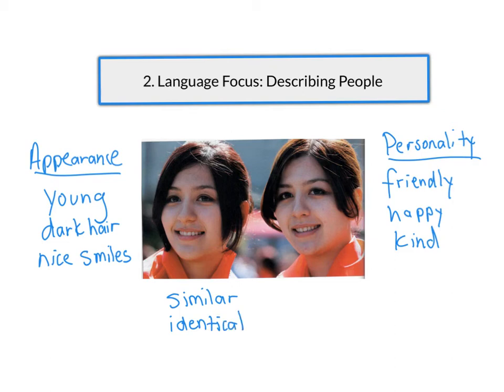So two sisters might look similar, but these are more than sisters. They are identical twins. So when we say identical, we mean exactly the same. Identical twins look exactly the same.